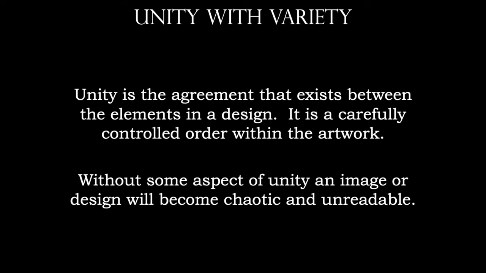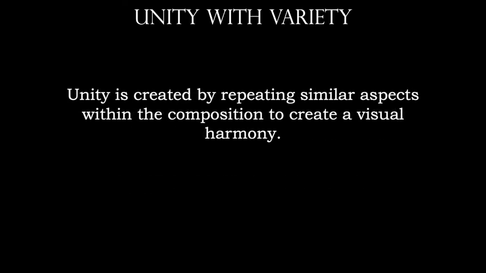It is a carefully controlled order within the artwork. Without some aspect of unity, an image is going to be chaotic and unreadable. Unity is created by repeating similar aspects within the composition to create a visual harmony.